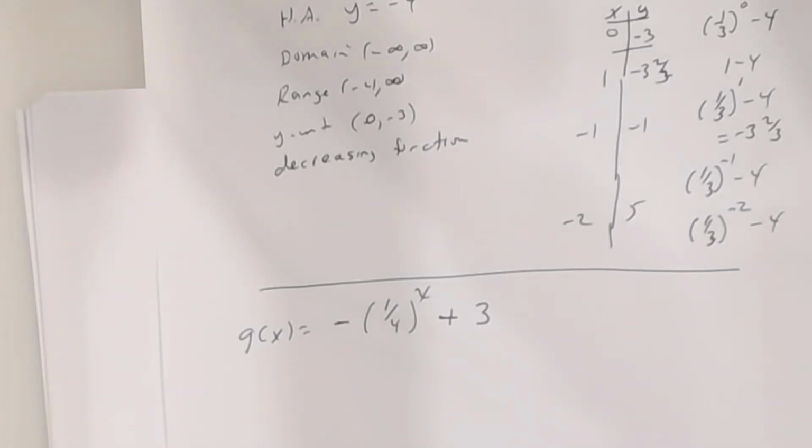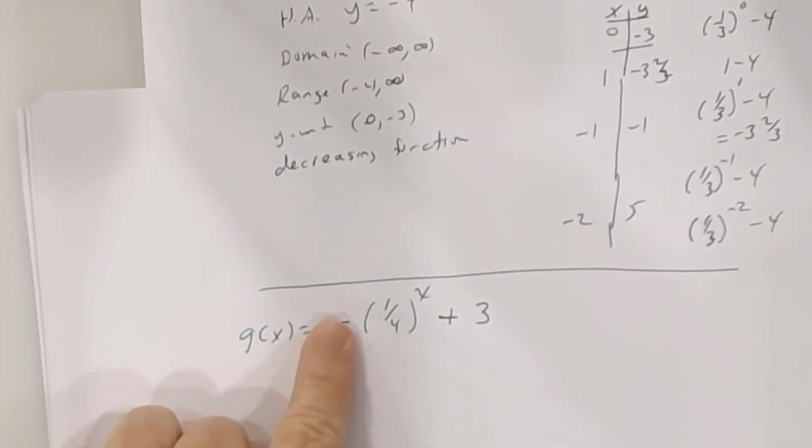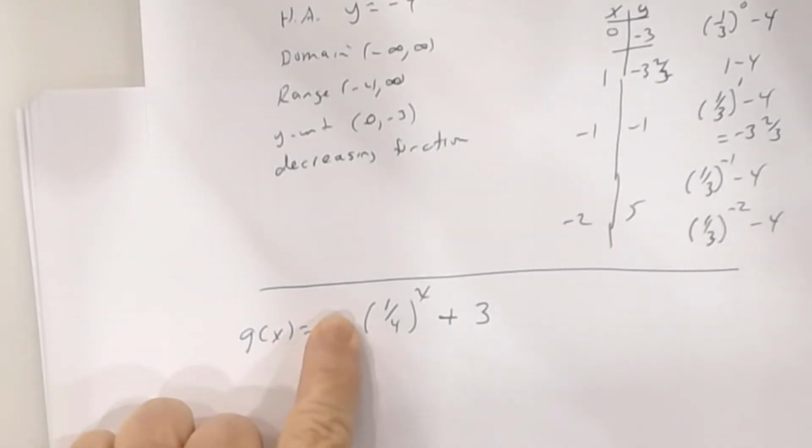A couple of things there. If I were to cover that negative, and you know that negative on the outside does what? That's the reflection. So if the negative wasn't there, you all know that the graph better be located where? Above or below the horizontal asymptote?